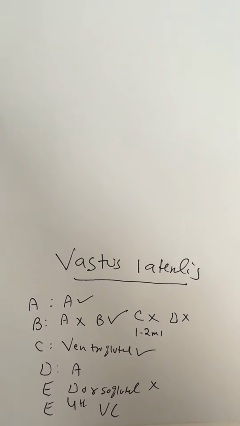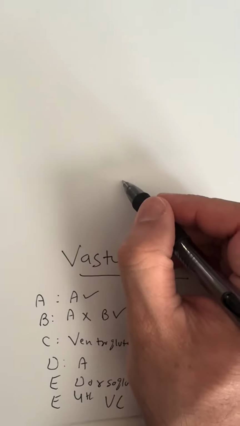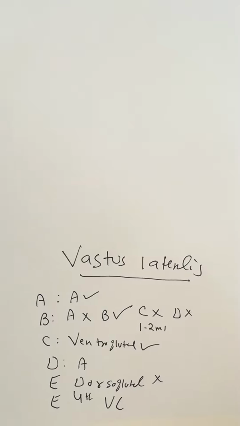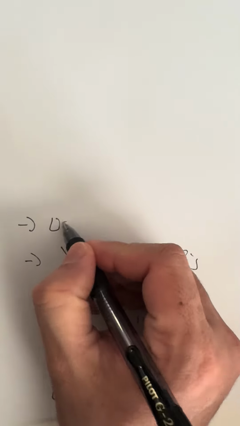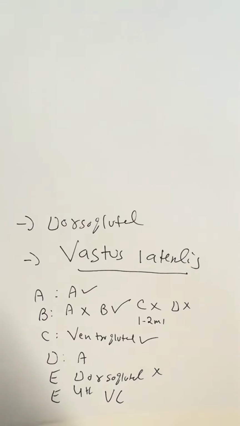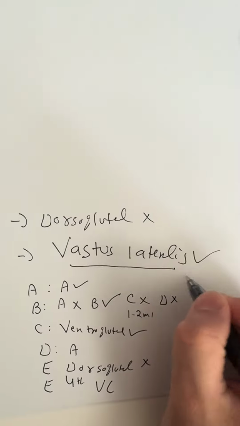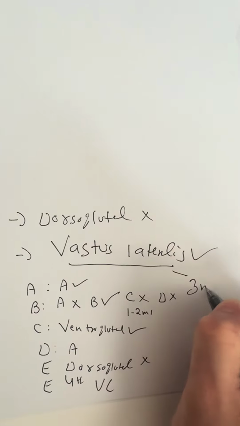I will post a picture where you will see this is near the thigh area. You will see the picture above. So remember this name, and remember this name not to give a shot there: dorsogluteal. Don't give a shot there. Vastus lateralis is okay to give a shot and holds up to 3 ml.